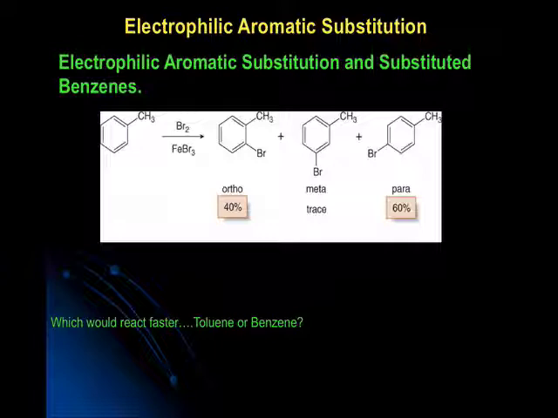About 60% of the mixture is parabromotoluene, and we only have a slight trace, just barely detectable amount of the meta. Okay? So what does this tell me? The methyl group is what kind of a director? It's an ortho-para director. You need to know that alkyl groups are activators and they are ortho-para directors. They direct the new incoming electrophile to the ortho and para position.